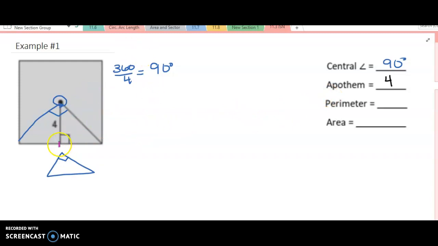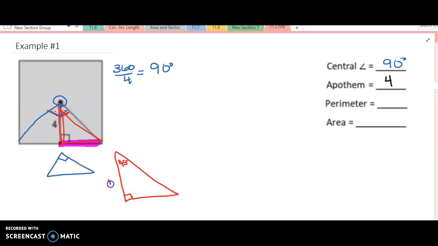The piece of this that I need is right here, so I'm going to draw that triangle. This whole thing is 90, so when I draw this apothem, it cuts it into two congruent parts. So 90 over 2 is 45.